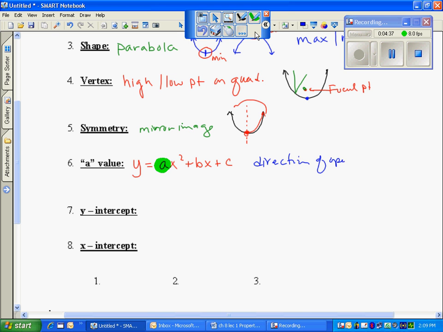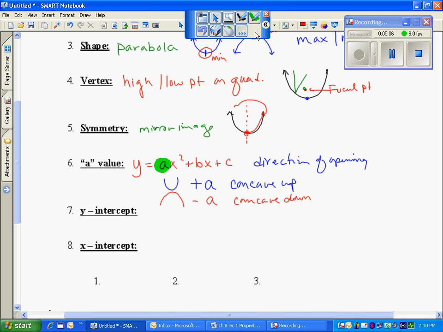And when we look at things with the parabola, we have to kind of just think logically. Let's see, if my A is positive, positives are up. So this is going to be concave up. It's going to open upward. If my A is negative, I'm going to be what we call concave down, and it's going to open downward.